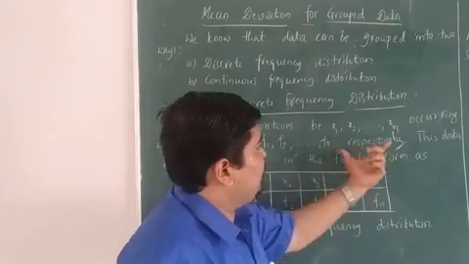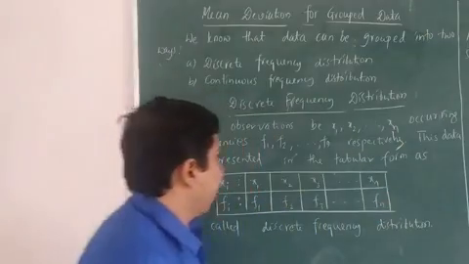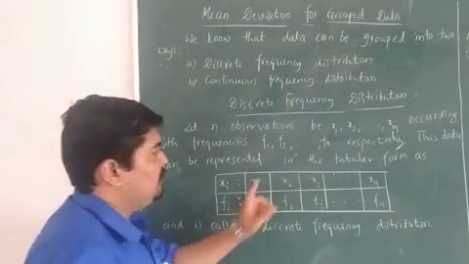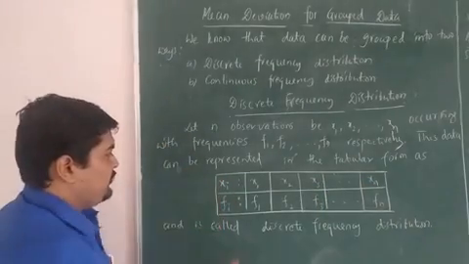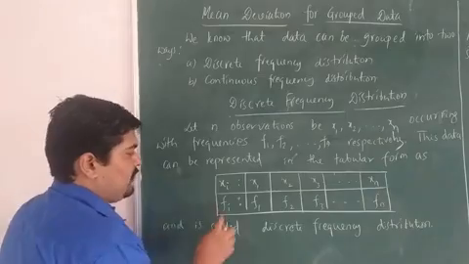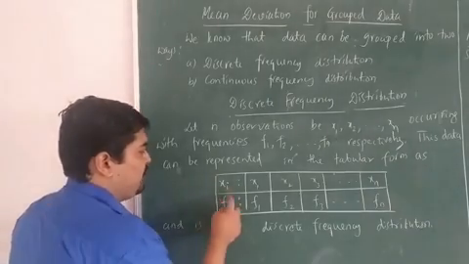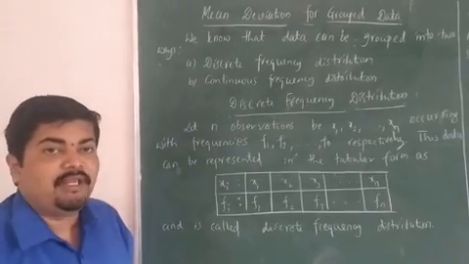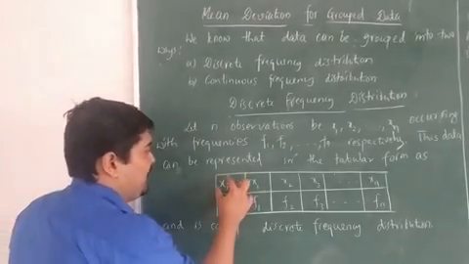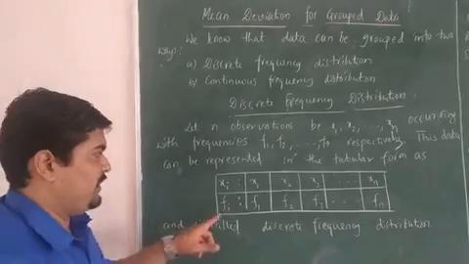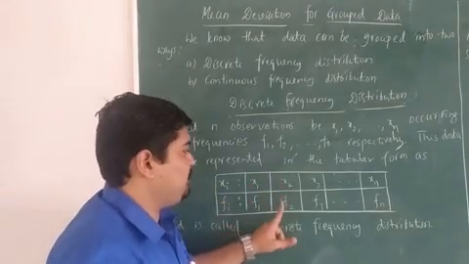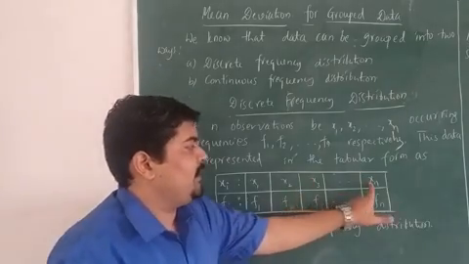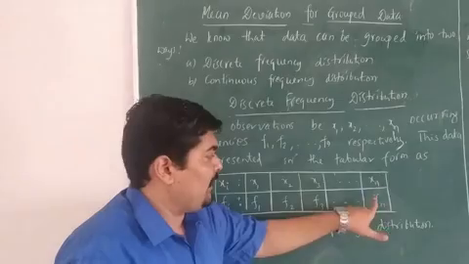Now this data can be represented in tabular form as follows. This column indicates the data points and this one indicates how many times each and every data point is repeated. See here, x1 is repeated f1 times, x2 is repeated f2 times and so on up to xn, which is repeated fn times.